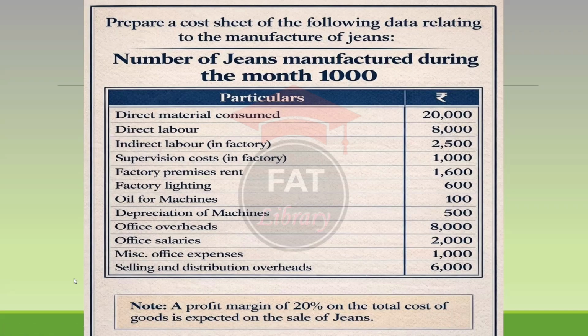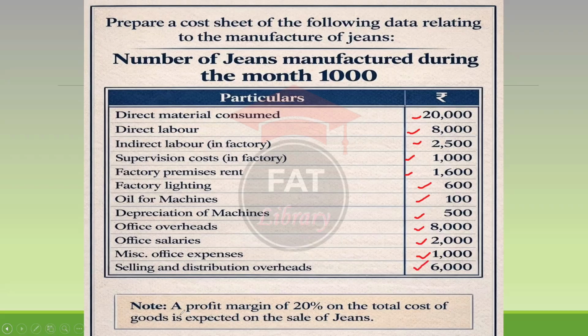So, what are all the information they have given? Direct material consumed is 20,000, direct labor 8,000, indirect labor they have 2,500, and supervision cost is 1,000, factory premises rent 1,600, factory lighting is 600, oil for machines 100, depreciation of machines 500, office overheads 8,000, office salaries 2,000, miscellaneous office expenses 1,000, and selling and distribution overhead given is 6,000.